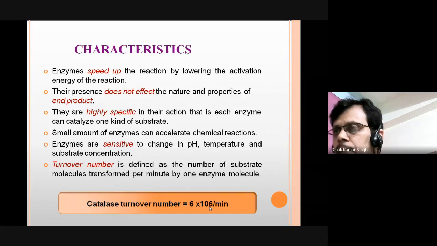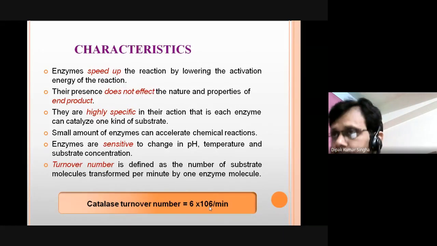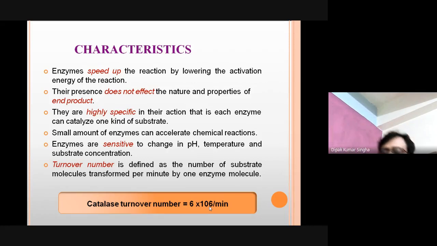The optimum temperature is 37 degrees centigrade. That's why our body temperature is 37 degrees centigrade, because our enzyme system acts at this temperature, where the optimum reaction occurs.